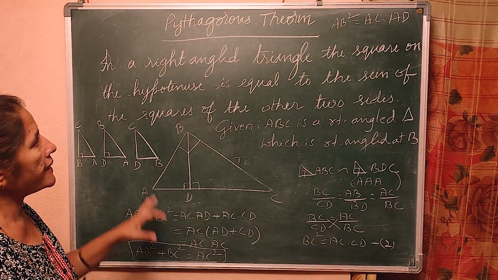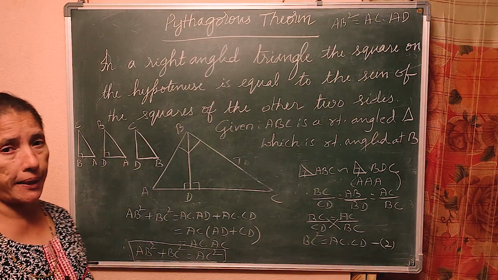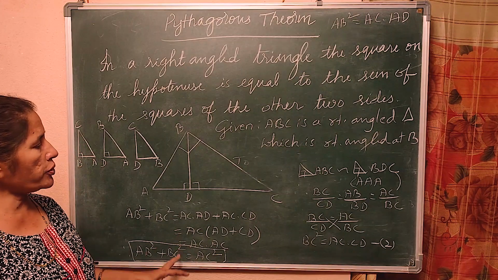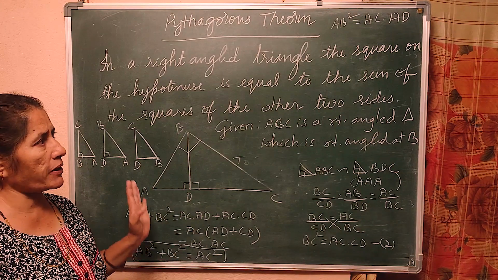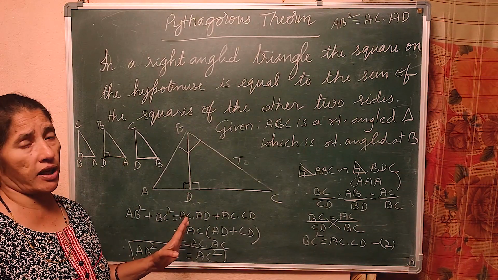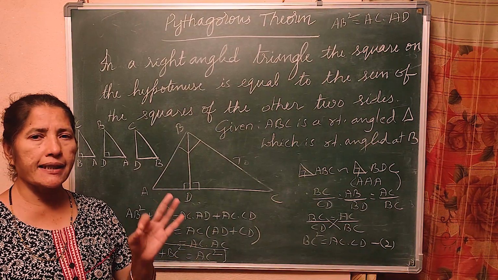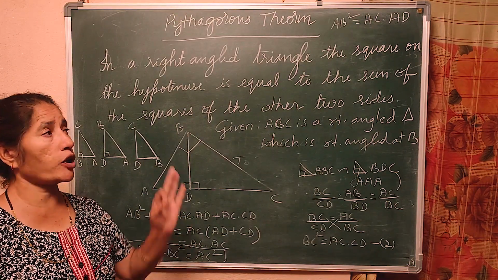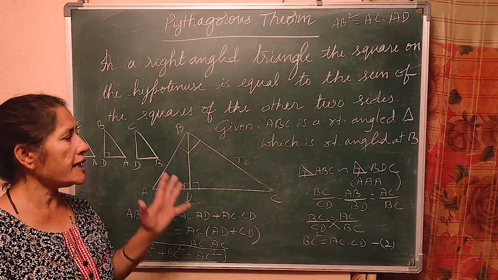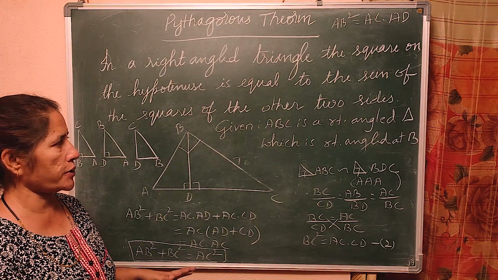This is called the Pythagoras Theorem. So, you have to know this properly because it is a very important theorem. What does Pythagoras say? In a right angle triangle, the square on the hypotenuse is equal to the sum of the squares of the other two sides.